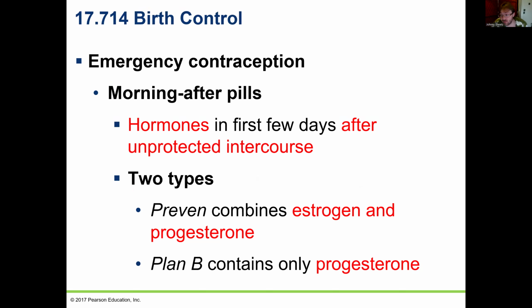You might have an uncomfortable period, but in general, this should help you to prevent pregnancy if you've had unprotected intercourse. It is important to note that this is not a guarantee, this is a hope. So, don't rely on this as your mechanism of birth control. For one thing, it'll make you incredibly sick if you're taking this regularly.